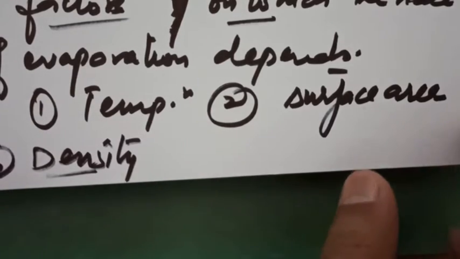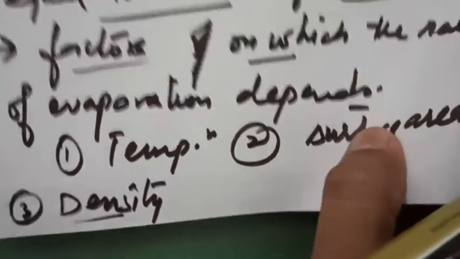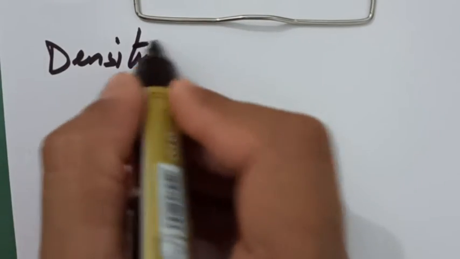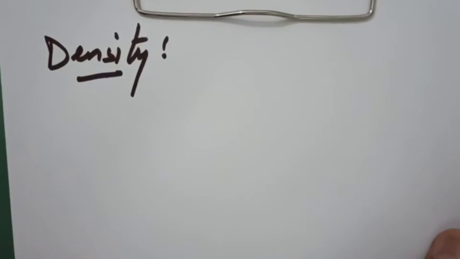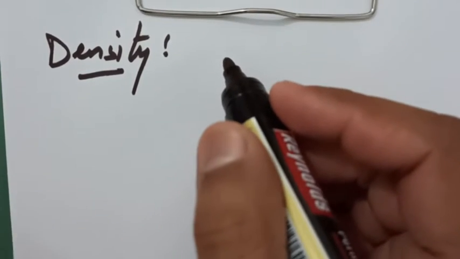I'll explain it to you in some detail. The factor density on which the rate of evaporation depends. Now listen, density was the third factor on which evaporation depends. There is a law given by Graham.